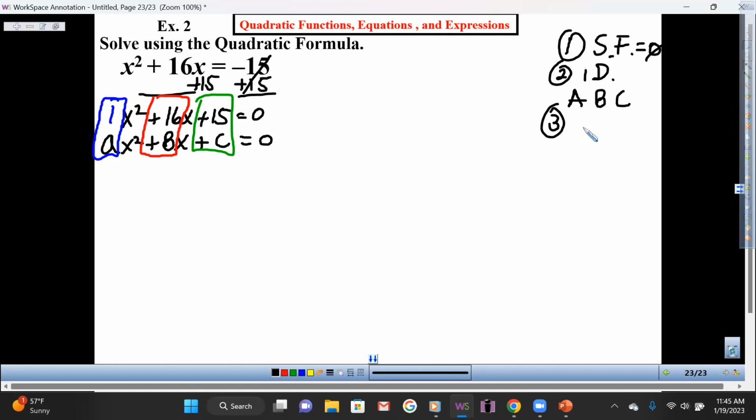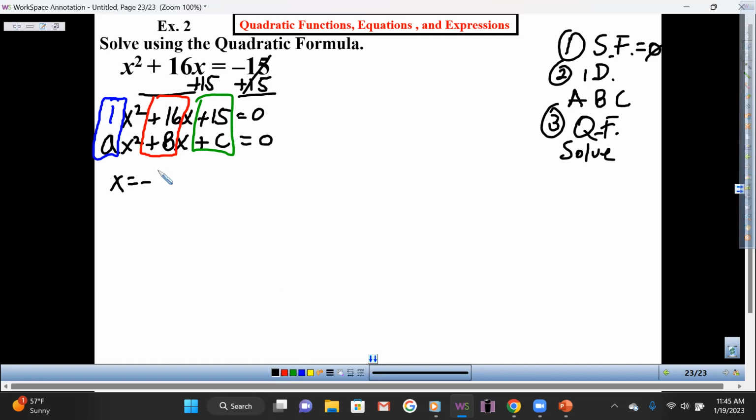Here we go. QF, tell your neighbor what that means. Yeah, write the quadratic formula, and then from there, we're just going to solve using the quadratic formula. So I was gonna call on Jalen to give me the quadratic formula, but I'm just gonna go ahead and write it. Ready?